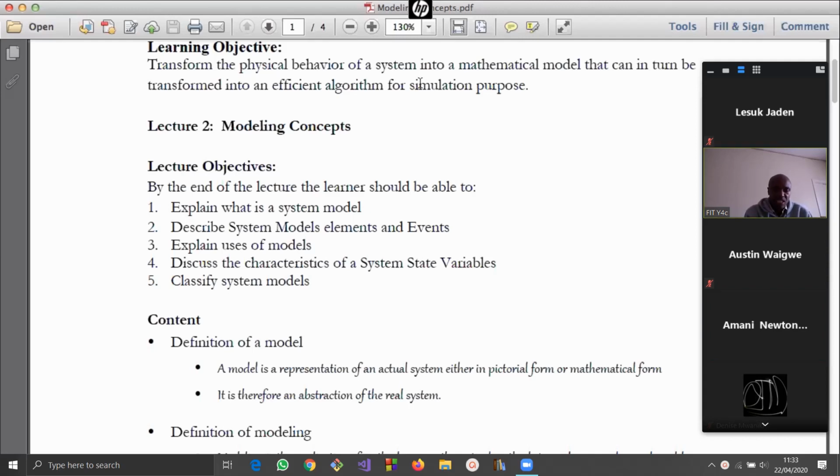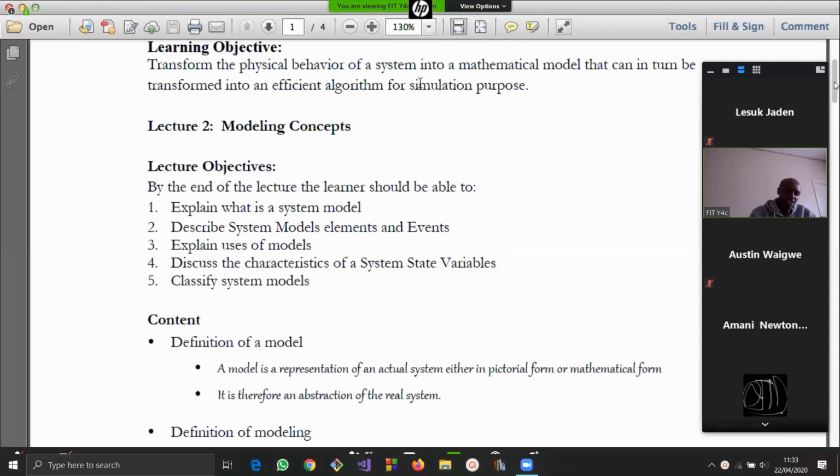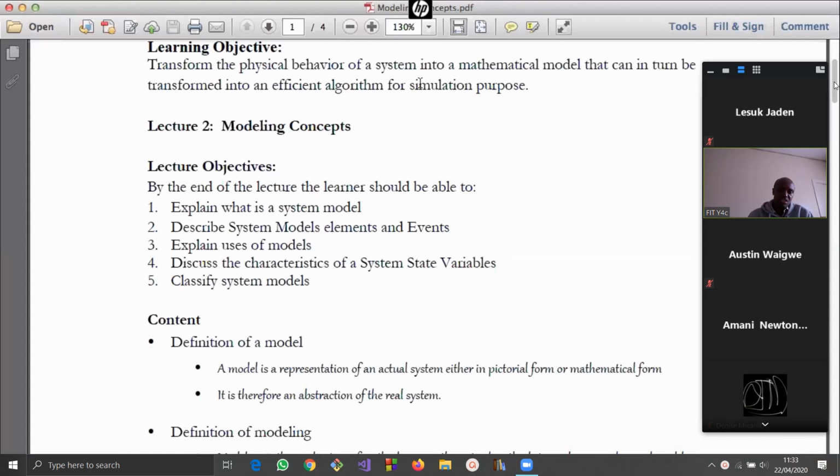By the end of the lecture, we have broken this lecture into parts. There will be lecture 1, that's the first hour, lecture 2, second hour, lecture 3, third hour. By the end of the lecture, the learner should be able to explain what is system modeling. We'll also try to understand what the elements and events in a system model are and what role they play.